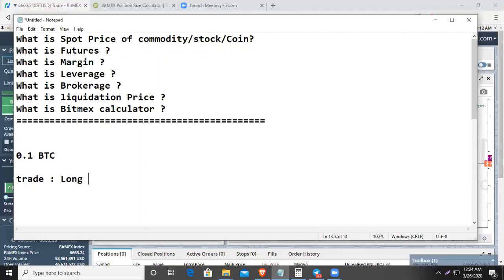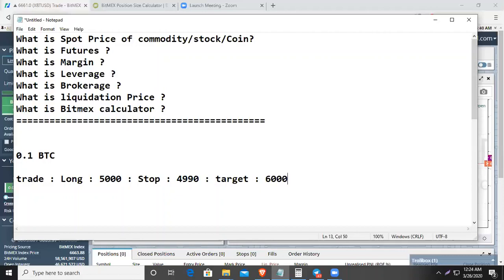Long on, let's say, 5,000 US dollars, and my stop is 49.90. Whatever my target may be does not matter, because while deciding the position size, target does not matter. It's your reward and risk which matter. So target may be 6,000 or anything.